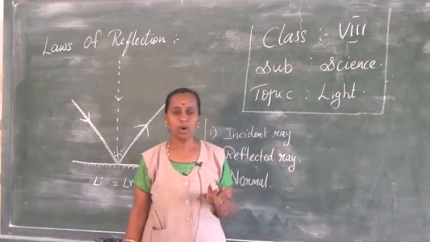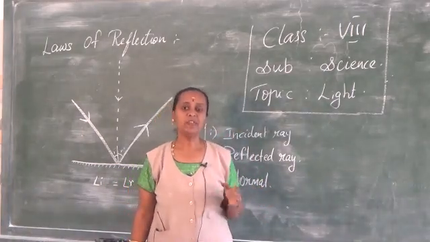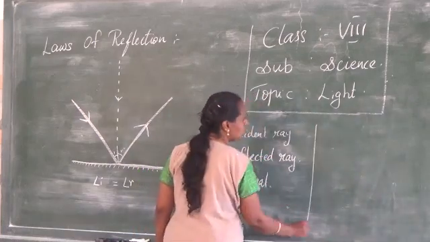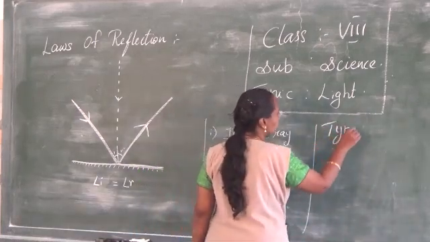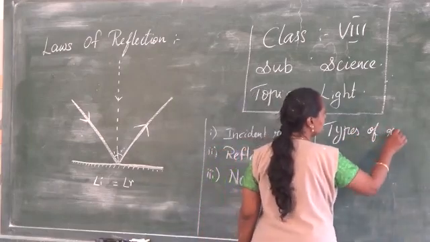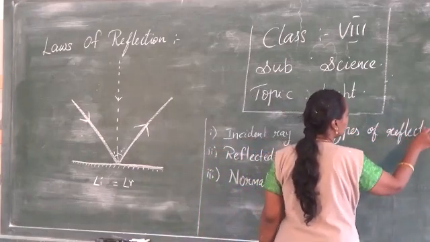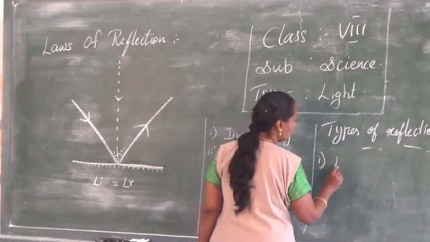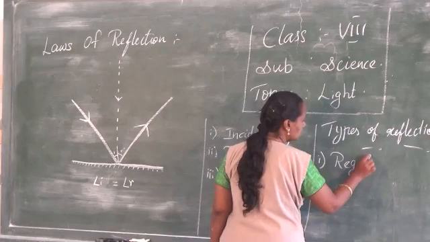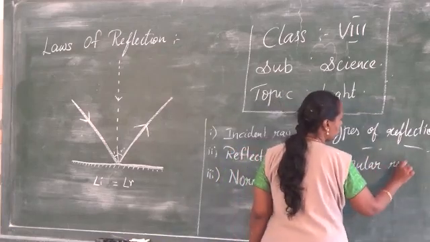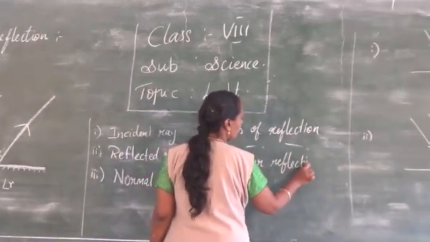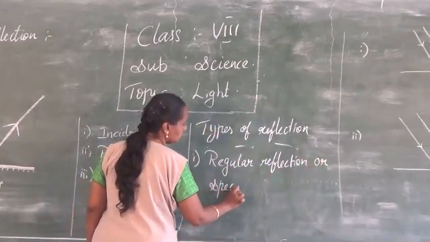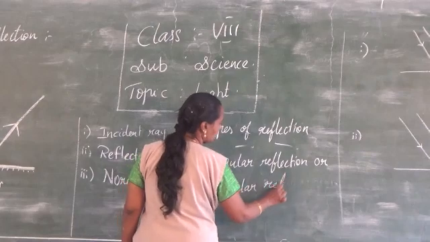Based on the nature of the surface, reflections are of two types. The types of reflection we are going to learn now: the first type is regular reflection, otherwise called specular reflection.